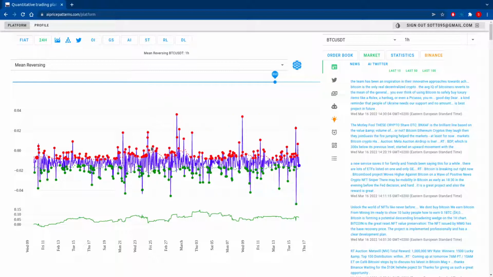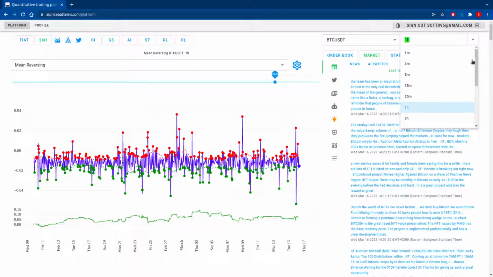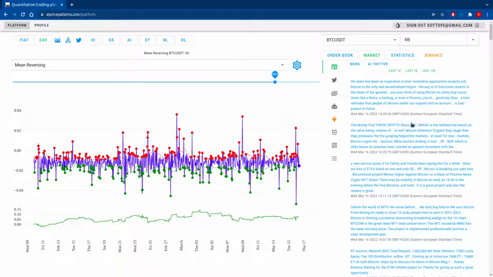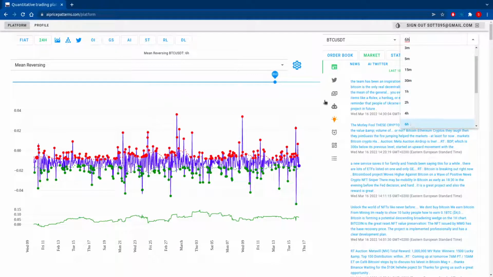Okay, in general it's working, and you see when we have some outliers like this, it means a bar is quickly down, but in the next several bars in general Bitcoin tries to grow again, and vice versa. And you should understand it more deeply, for example, using 1 hour, 2 hours. Let's look at the 6 hour position.